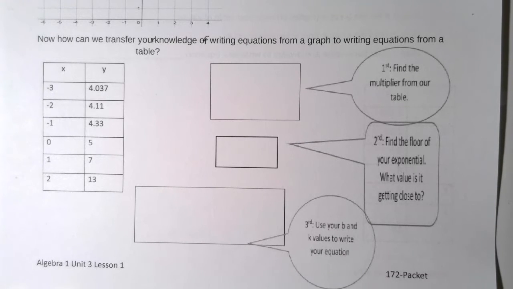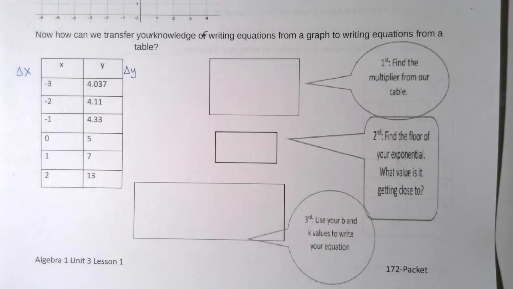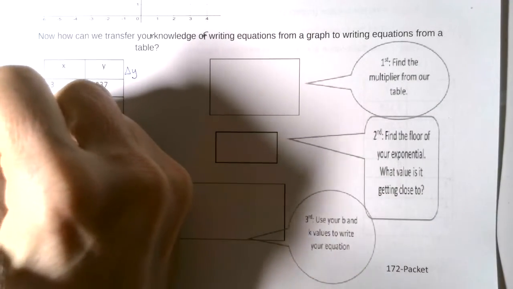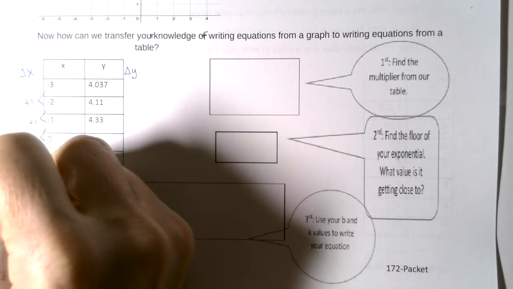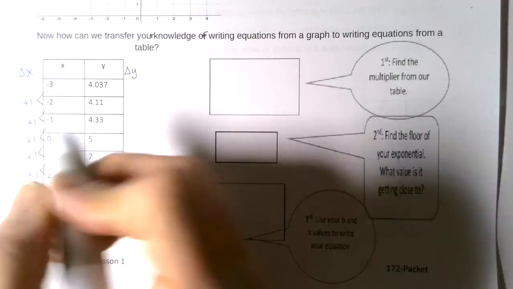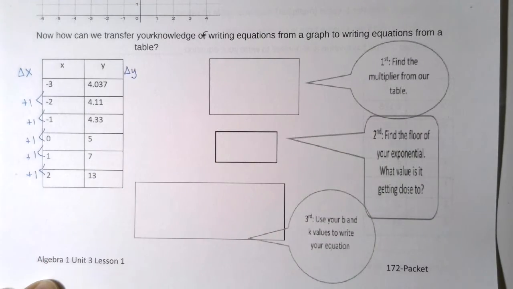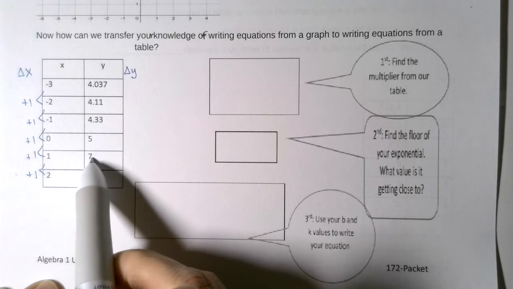So let's start by finding the change in x and the change in y. So when I'm looking here, I can see that for each one of these, we are increasing by 1, which is what you would expect for an exponential function. I'm not seeing any clear multiplying pattern with numbers like 5, 7, and 13.